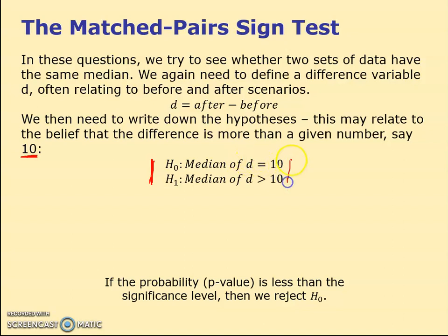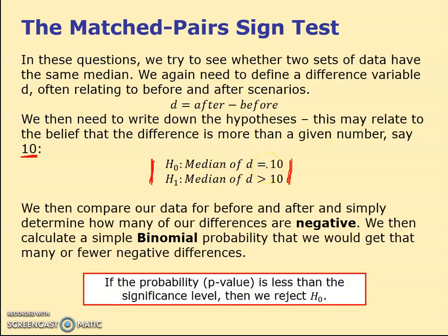So this first scenario here is saying the median of the differences is 10. You might think, for instance, that you're not going to pay a company for doing this training unless they can produce a difference of more than 10. So that's what we're testing for. We're going to do binomial again, and then we'll have a look at whether it's true.